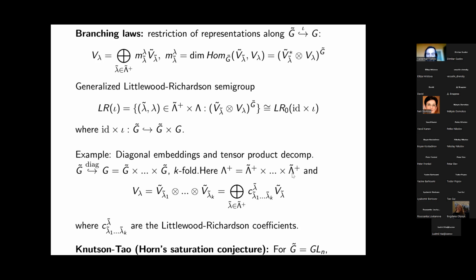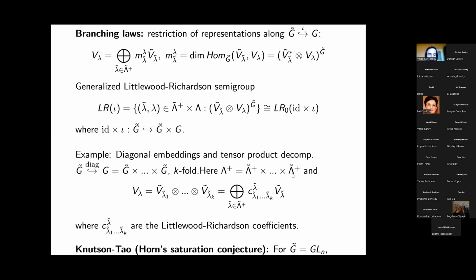This problem, the tensor product decomposition problem for GLN, is also related to sums of eigenvalues of Hermitian matrices. So, sums of Hermitian matrices, and how do the eigenvalues of the sum depend on the eigenvalues of the summands, or a k-fold sum?